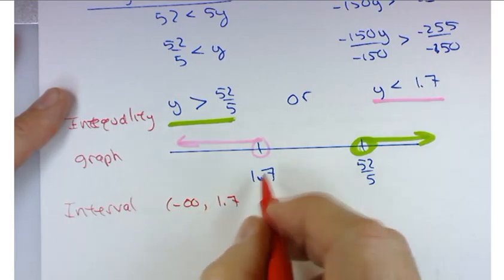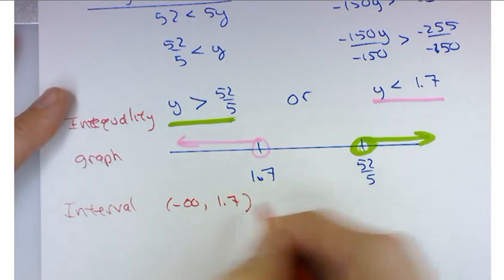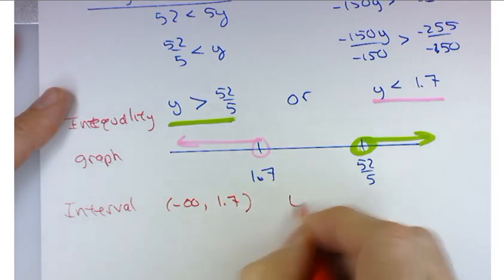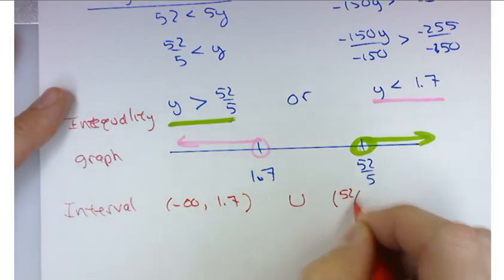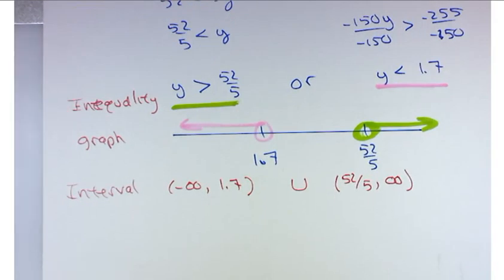Bracket or parenthesis around the 1.7? Parenthesis. Union. Parenthesis 52 over 5 to what? Good. Positive infinity. So there you've got all three different forms of your answer. Now typically I'm only going to ask for one of these when I test you on this stuff. But you should be comfortable with the equivalence between all three.